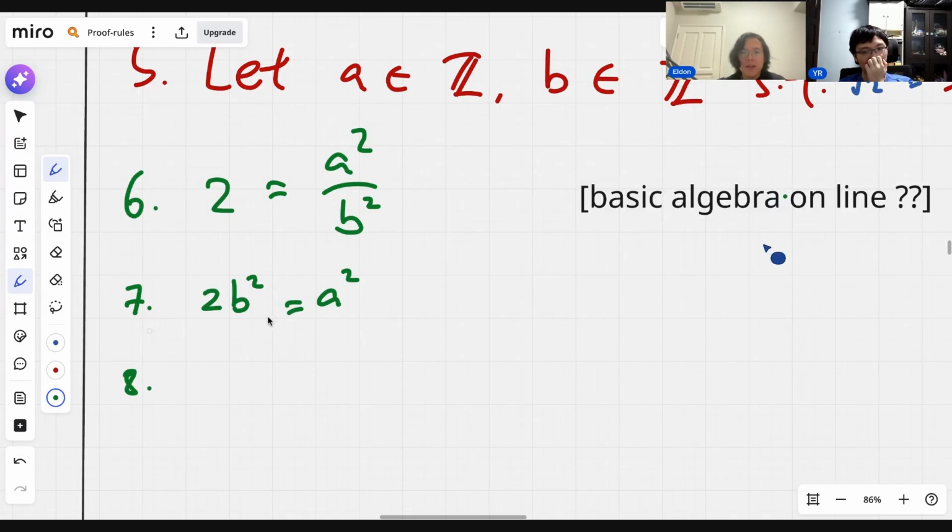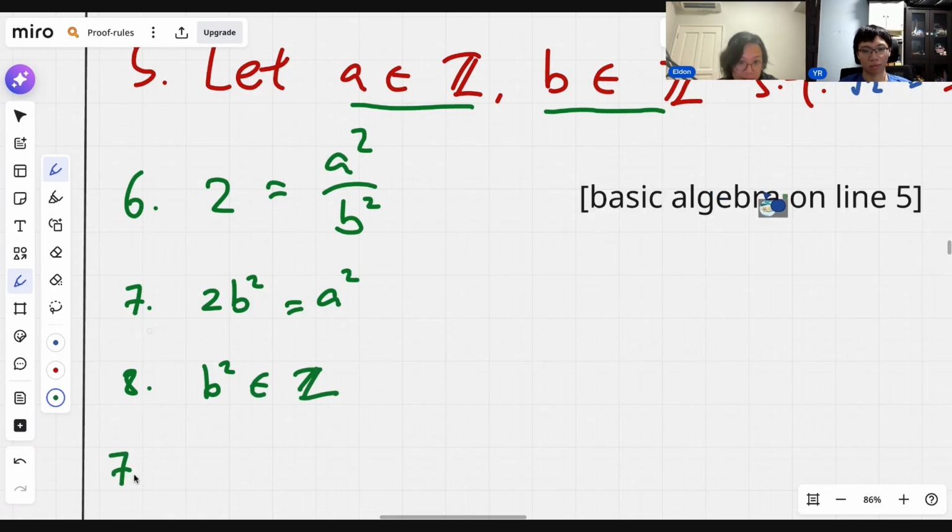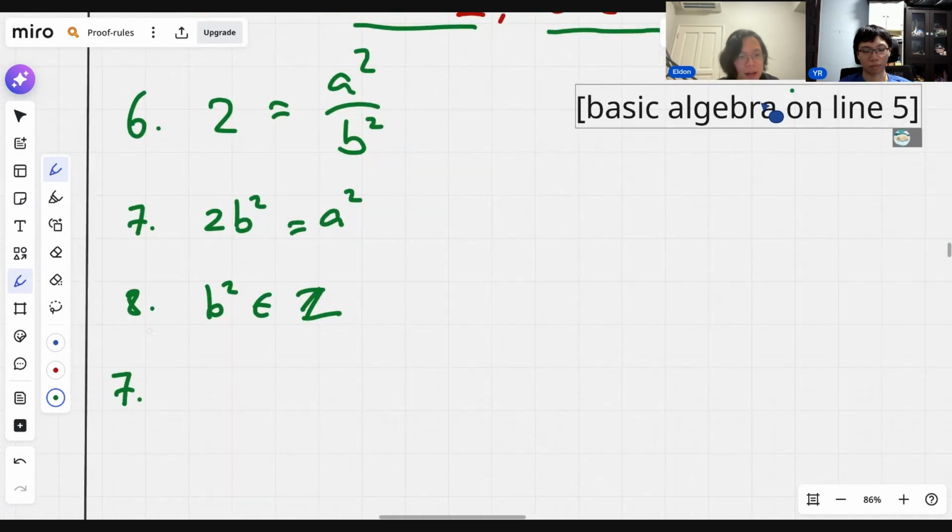Okay, so we know for a fact that A comes from Z. So it's okay for us to conclude that A squared must come from, do I want to say that? I probably want the other one. We know that B comes from Z. So we're going to say that B squared is from Z. Okay, so in particular, let's do a little bit of pattern matching here.